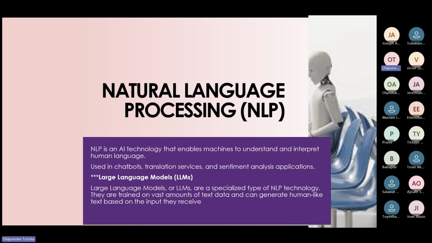Remember, we say artificial intelligence dwells on data. So LLMs enable more advanced language understanding and generation, making it possible for AI to write things like essays, answer complex questions, and even create poetry, like you see in ChatGPT today. So that's what LLMs do.